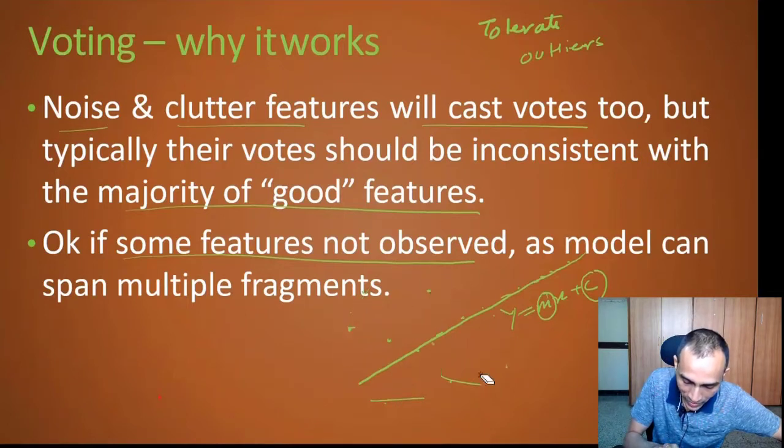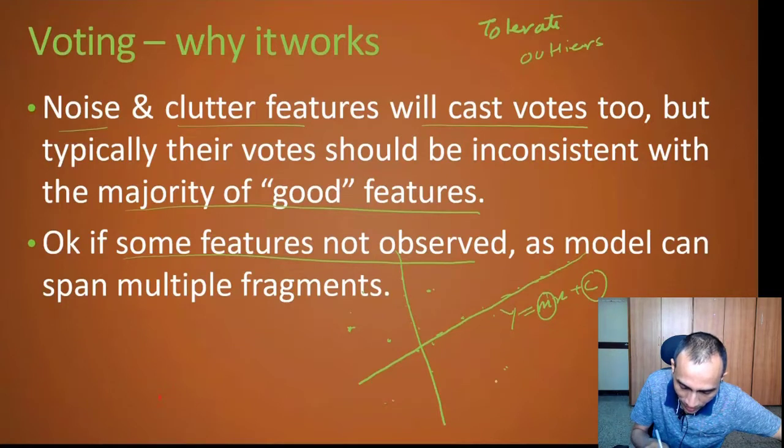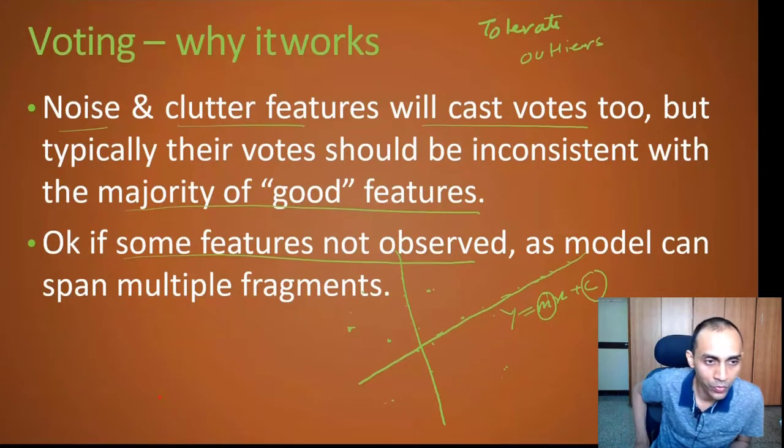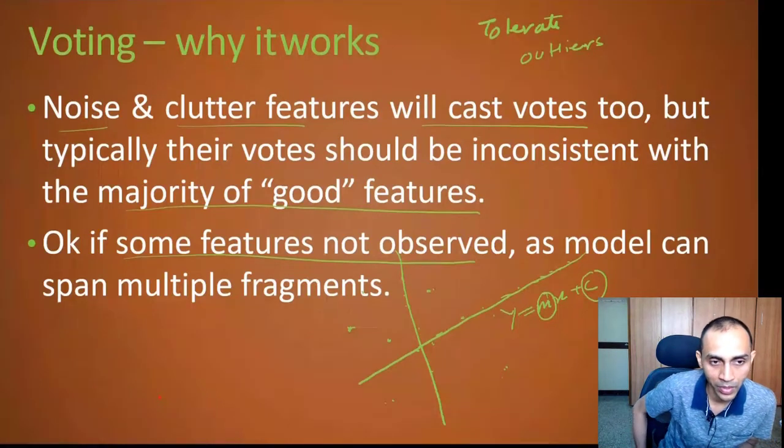The ones which are really existing: if there are, for example, two lines really existing, then only those two sets of points will get a real count. All other random things may also give votes for some other line, but because none of the other points are going to vote for them, those votes will be suppressed. They will be in minority.